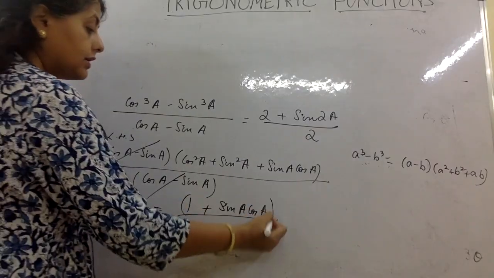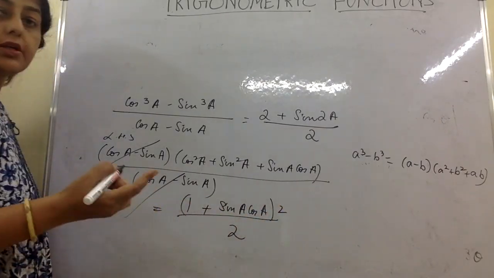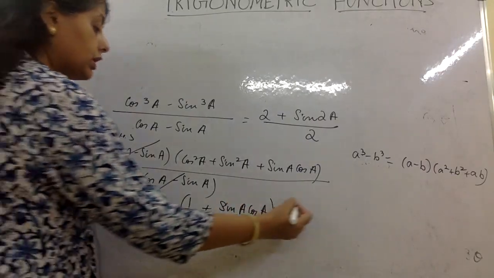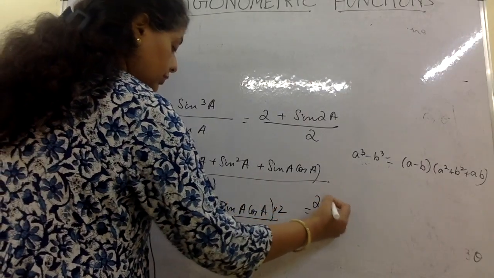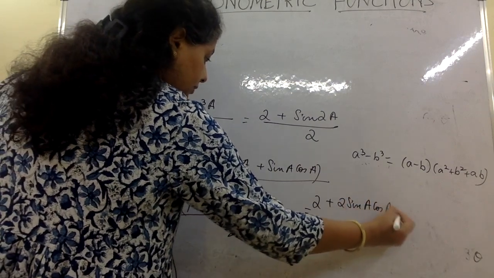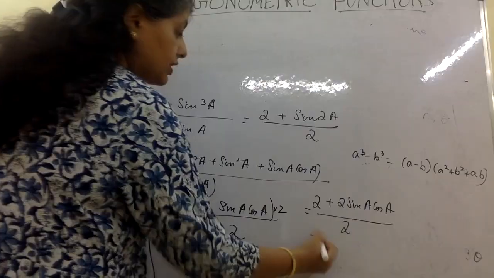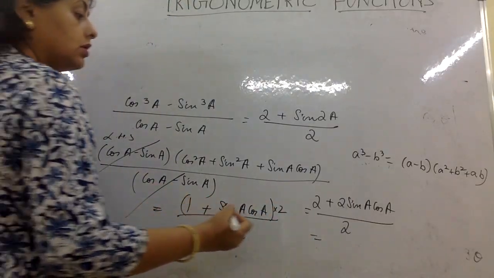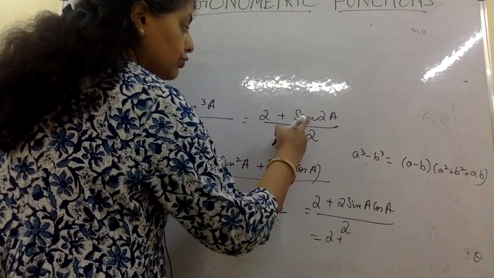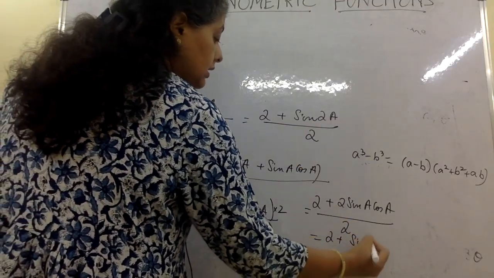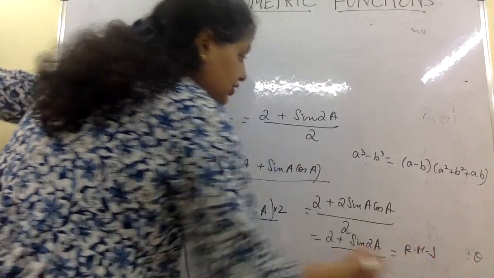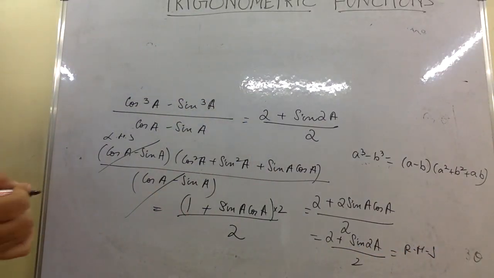So we multiply the numerator with a 2 and divide also by a 2. So we get 2 plus 2 sin A cos A by 2, which is, using identity again, 2 plus sin 2A by 2, which is my RHS. Okay, that is my RHS.